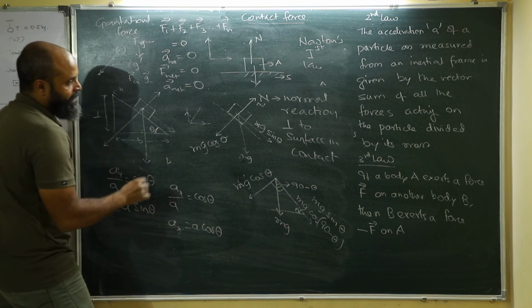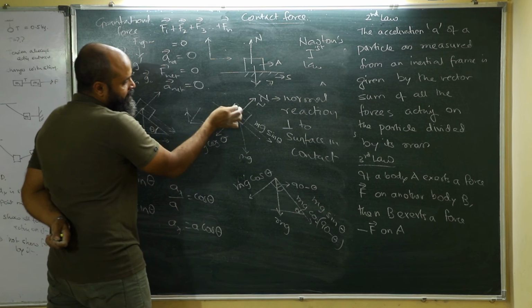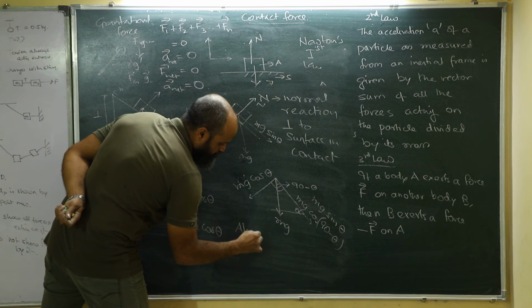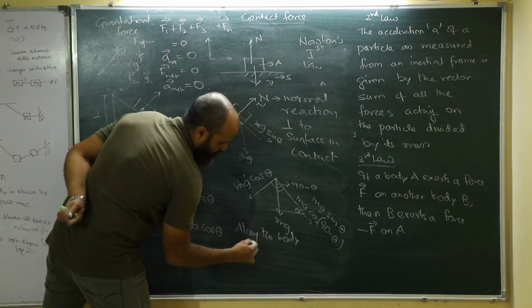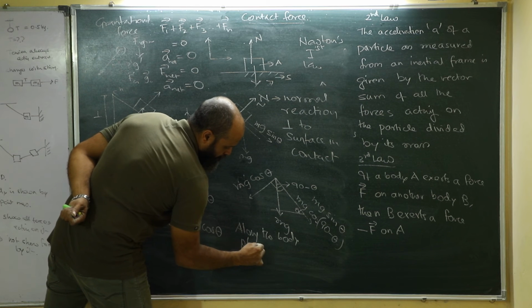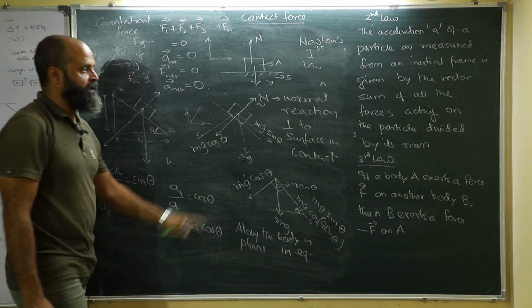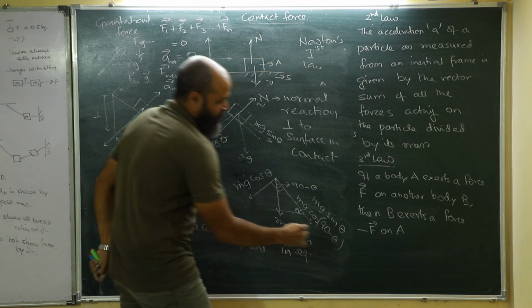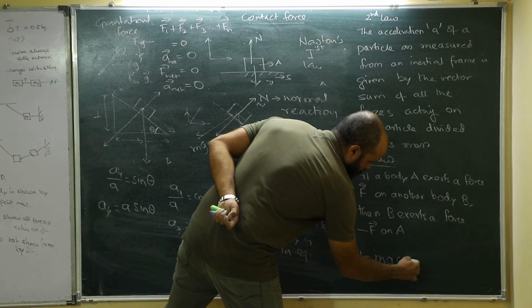So if I look at it, since this body is not moving this way, neither is it moving this way, basically along the plane, the body is in equilibrium along the plane, which basically means that the normal reaction and this force are equal, which means N is equal to mg cos theta.